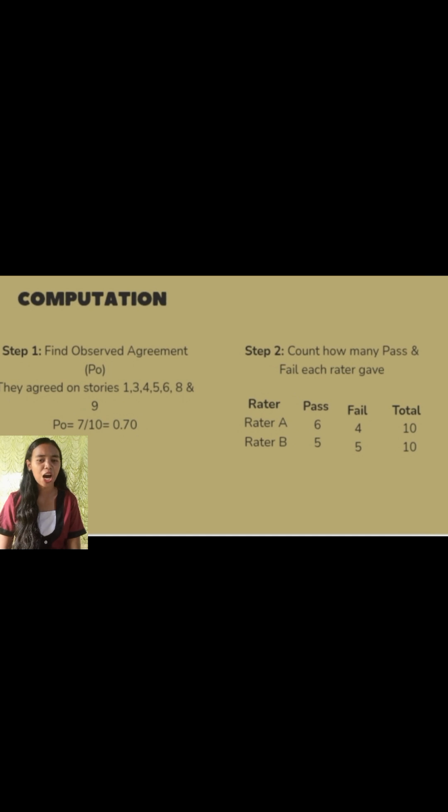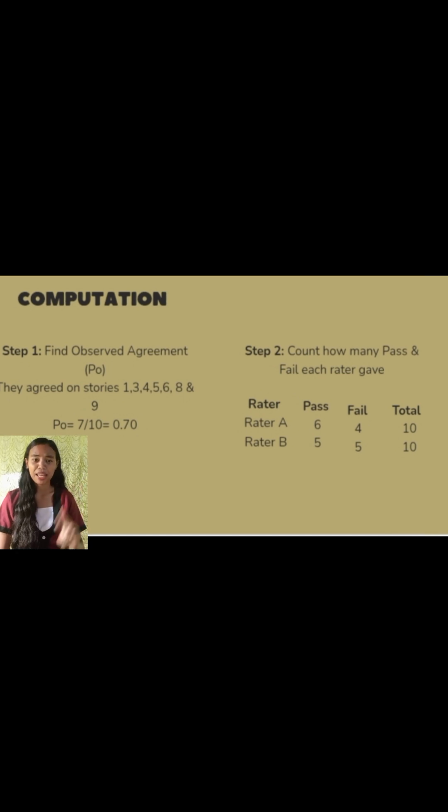Let's count how many times they agreed. So, they agreed on essays 1, 3, 4, 5, 6, 8, and 9. So, PO equals 7 divided by 10, which is 0.70. This means that they agreed 70% of the time.